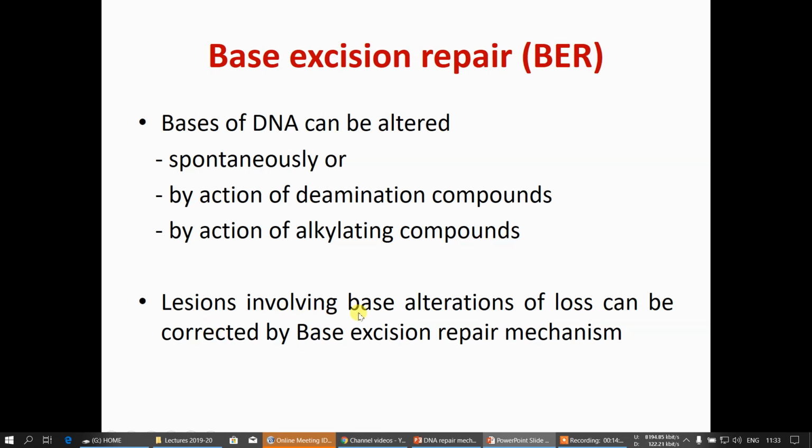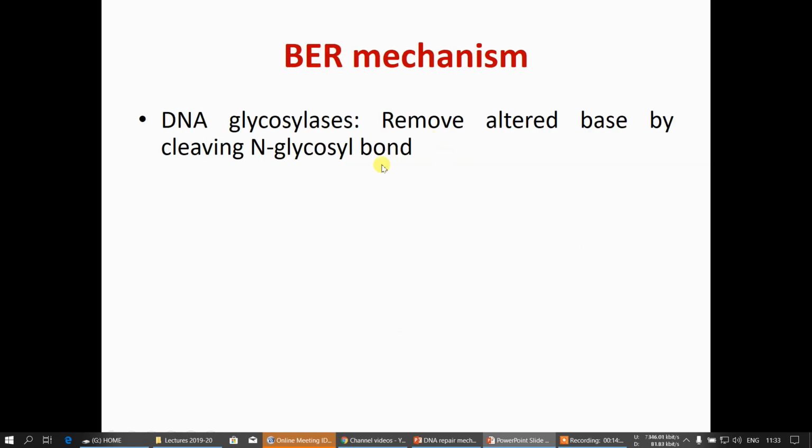Lesions involving base alteration or loss can be corrected by the base excision repair mechanism. What happens in base excision repair?